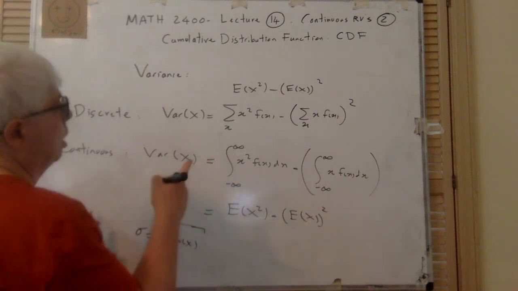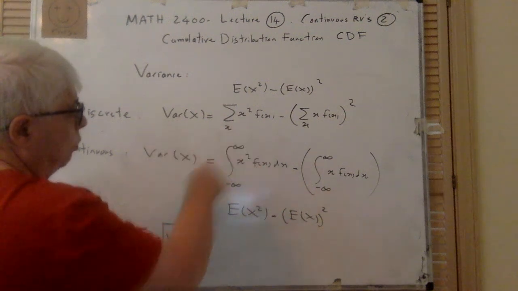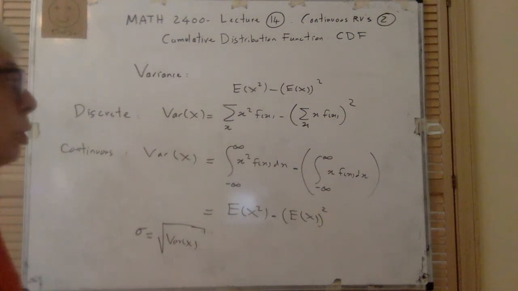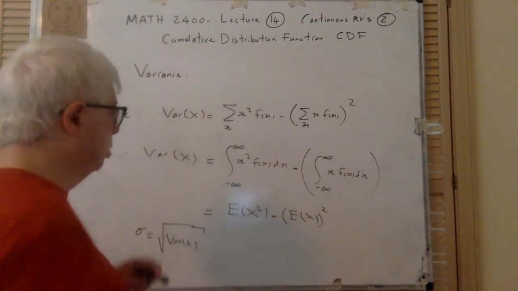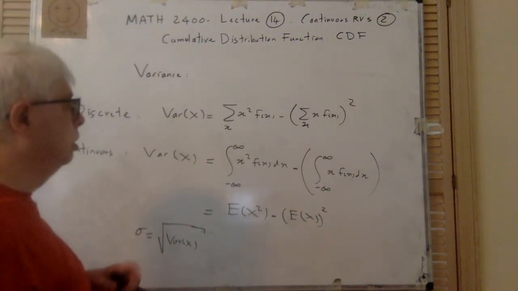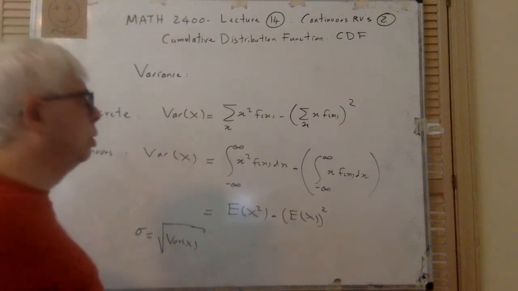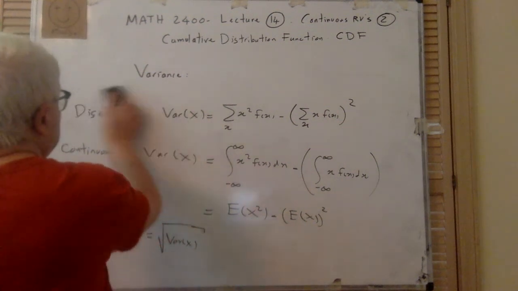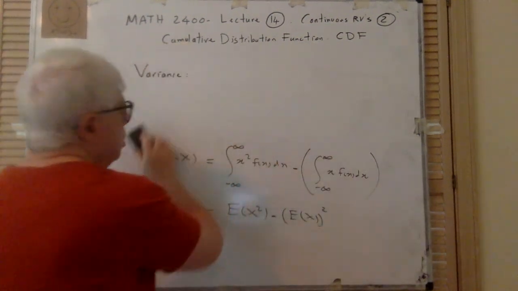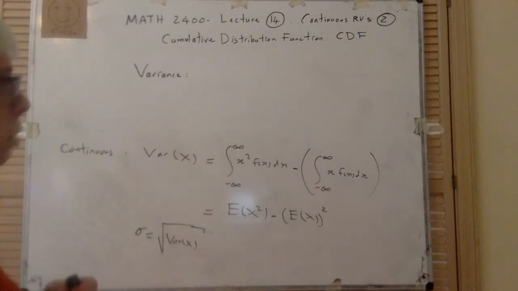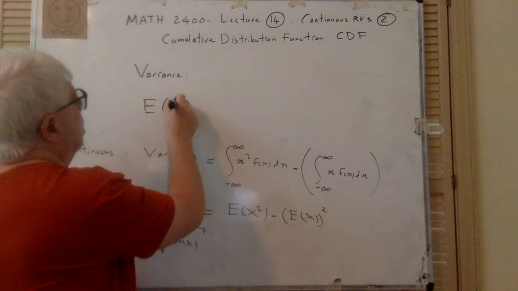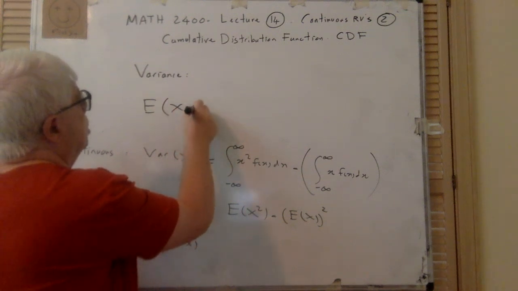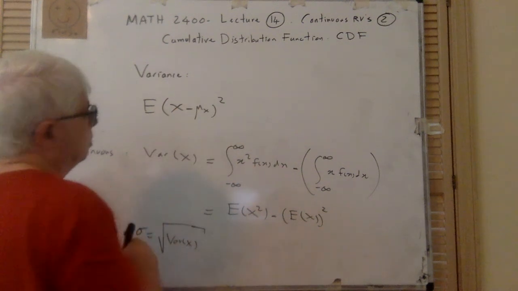Now, you can define variance in a different way. This is what I derived for variance, and the other definition also gives you this thing. So let's write that definition using mu x. Variance was the expected value of (x minus mu x) squared.